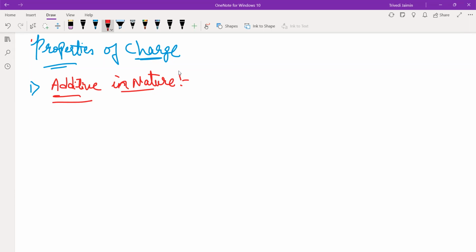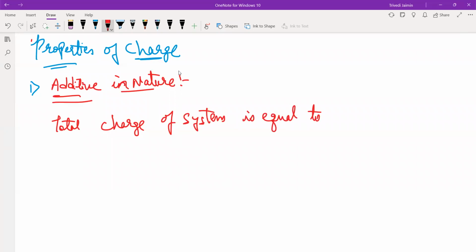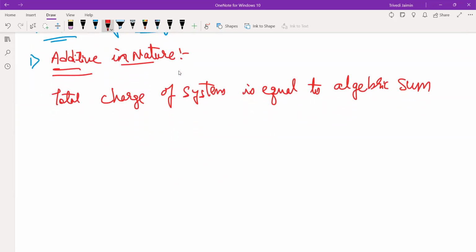Adding. Exactly. That means the total charge of a system is equal to the algebraic sum. Total charge of a system is equal to the algebraic sum.